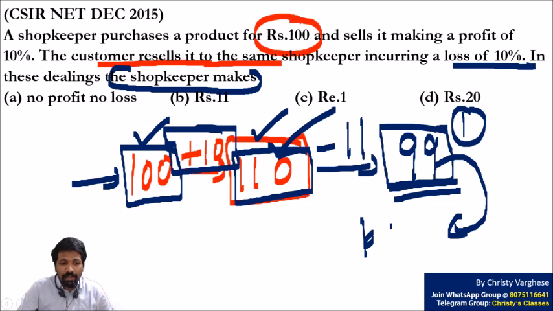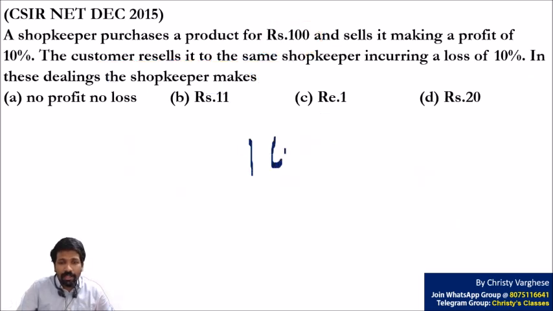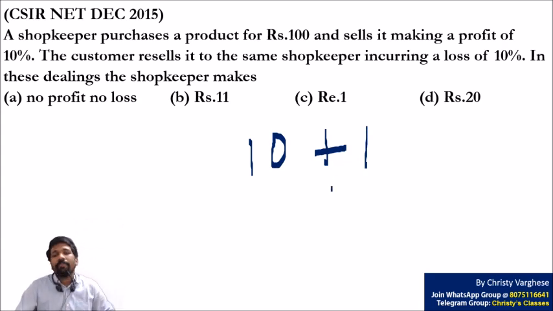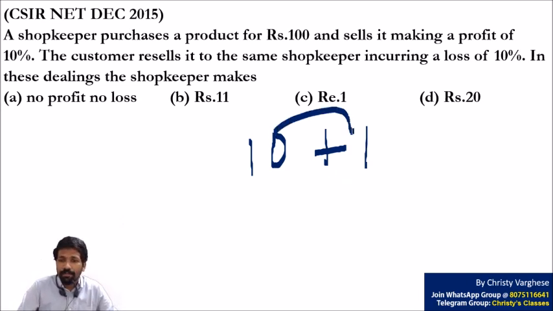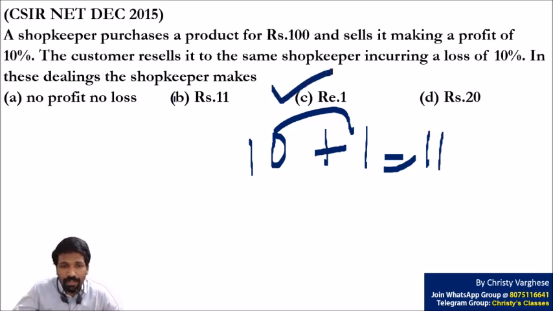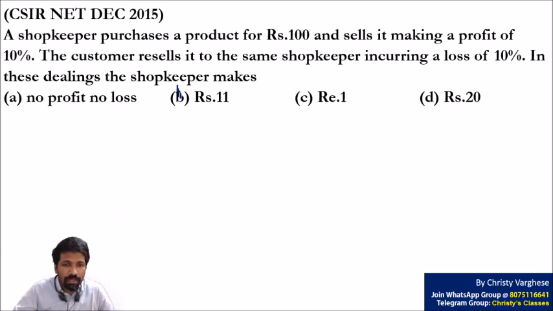So the total saving the shopkeeper has is 10 rupees in the first transaction and 1 rupee when he takes it back from the customer, because it is a 100 rupee product and he is getting it at 99 rupees. 1 rupee saved. So 10 plus 1, total 11 rupees. Option B is 11 rupees, so option B is the answer.